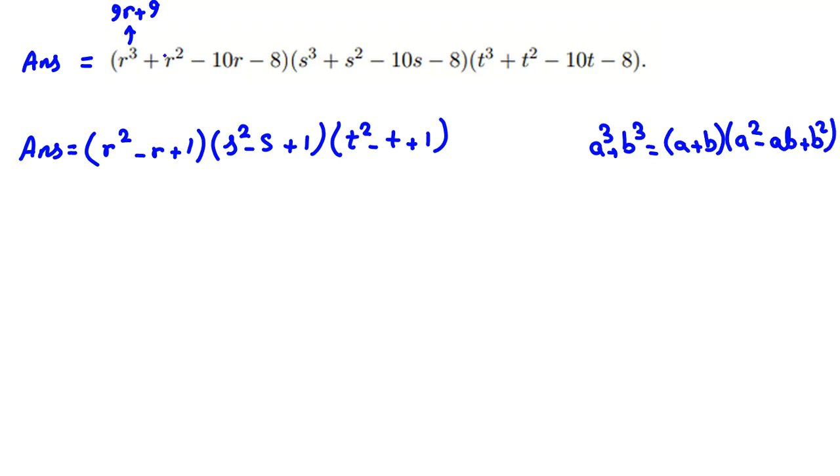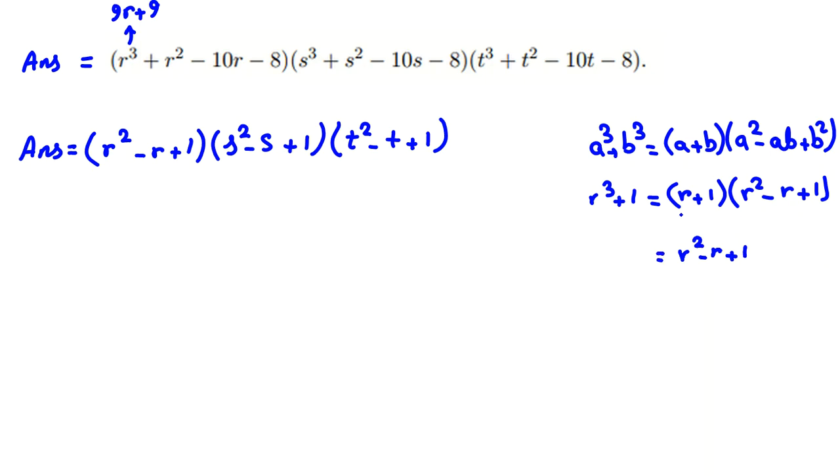Up to this part it is like solution number 1, but here, because it is a special one, we can write it like this. We can say r cubed plus 1 cubed, which is 1, is r plus 1 times r squared minus r plus 1. So we can say r squared minus r plus 1.